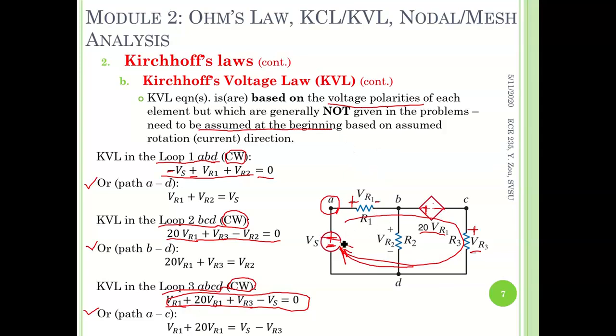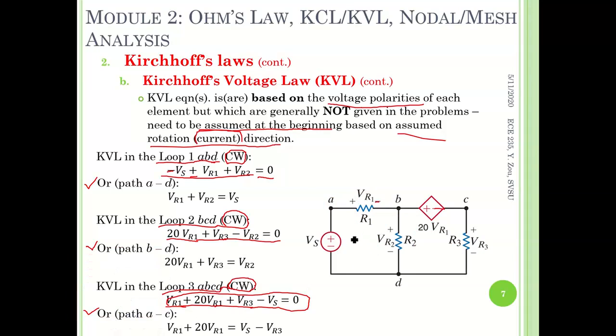The voltage source's polarity is very easy to recognize. How about the voltage polarity of the resistors? To answer this question, we just follow the assumed rotation direction, which can be considered as the assumed current direction.